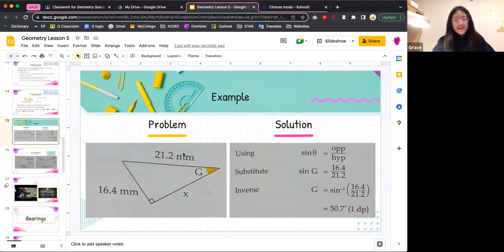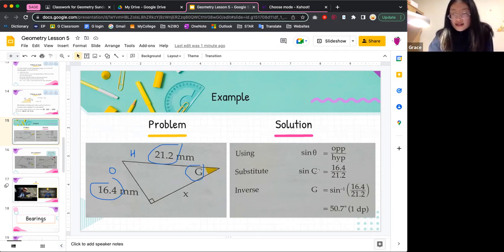Finally, okay. So we are given these two sides and we want to find this angle. This side is the opposite side and this side is the hypotenuse. So we use sine, because of SOH CAH TOA. So now we've got sine of g is equal to this ratio, and then we can use sine inverse to find the angle.